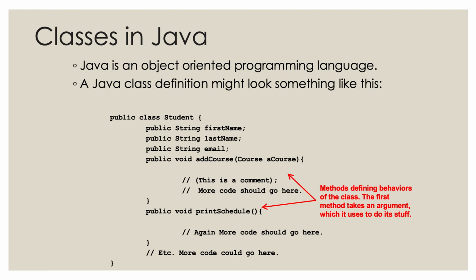After declaring our variables, we have methods, and the syntax is like here. As you see, we have 2 methods: public void addCourse, parentheses, Course aCourse, and then after closing the parentheses, we have curly braces that open and close, where we can put our valid instructions and comments.